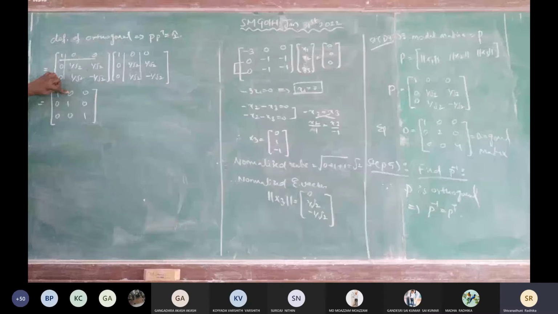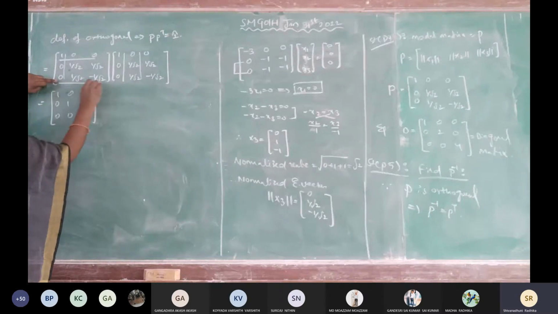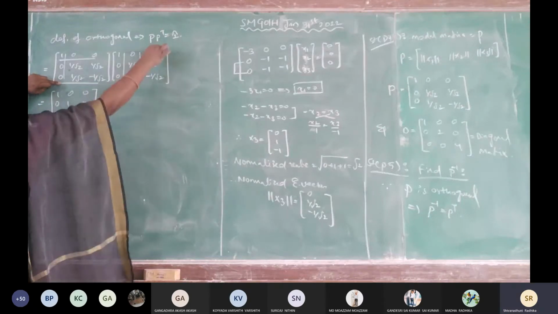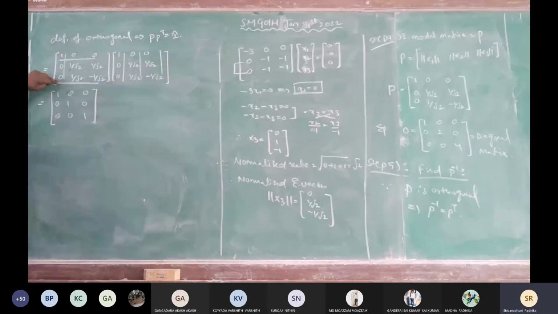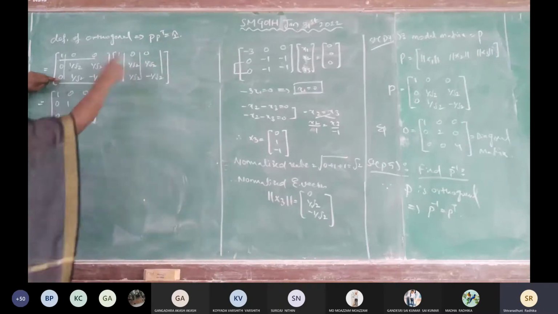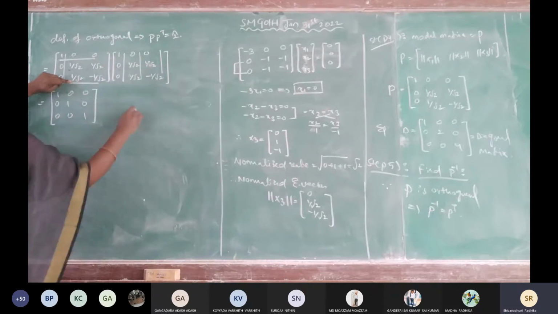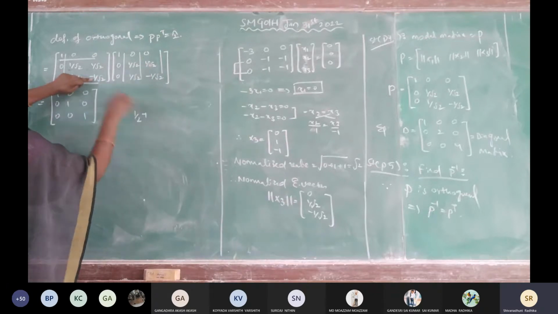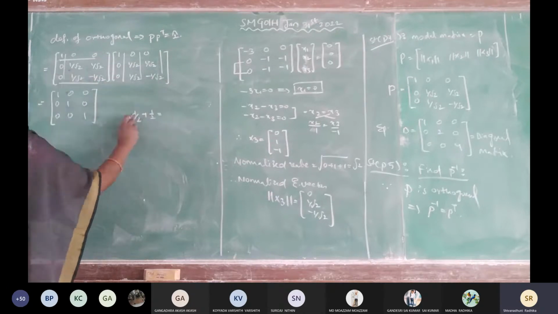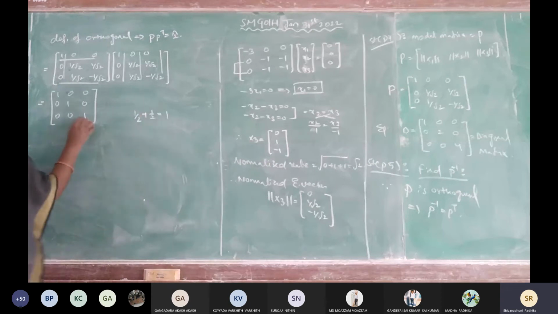And we have to check any element, so the third row with third column: 0 plus (-1/√2)(-1/√2), that is 1/2, plus again (1/√2)(1/√2), that is 1/2. 1/2 plus 1/2 is the 1. See, this is the 1.